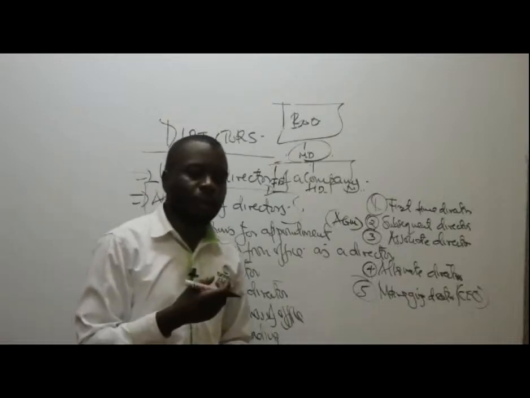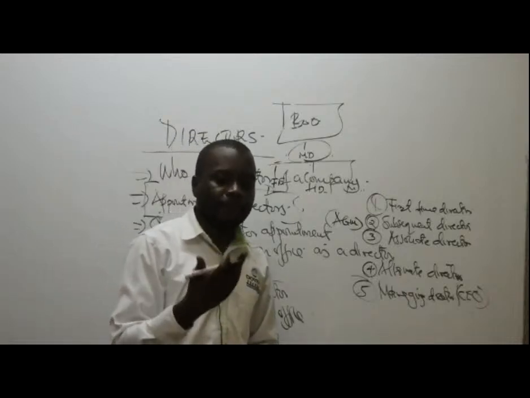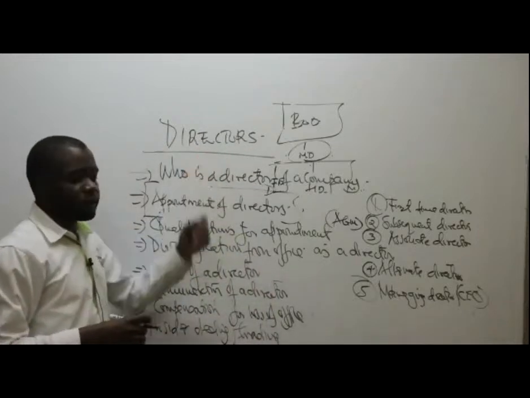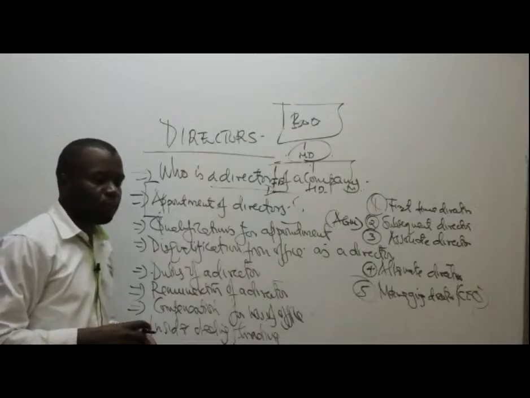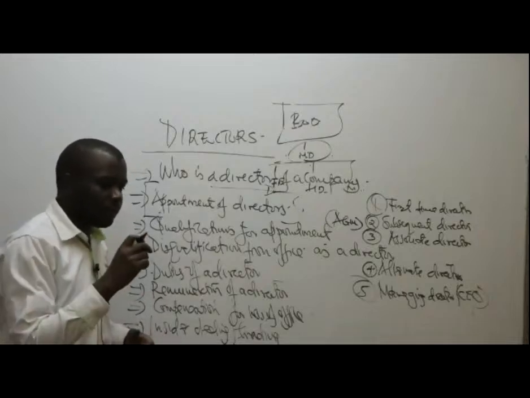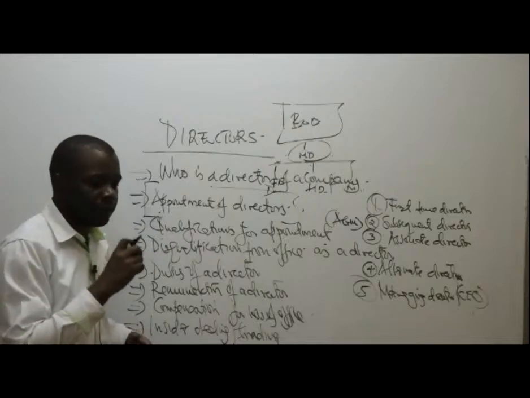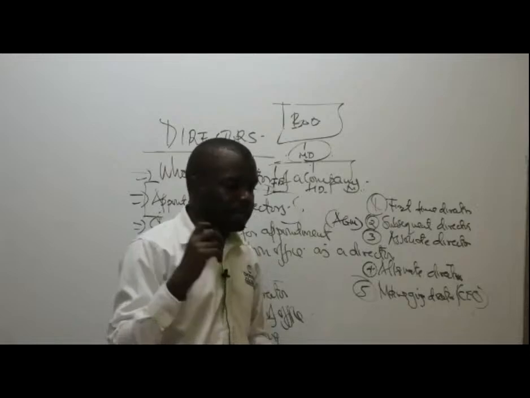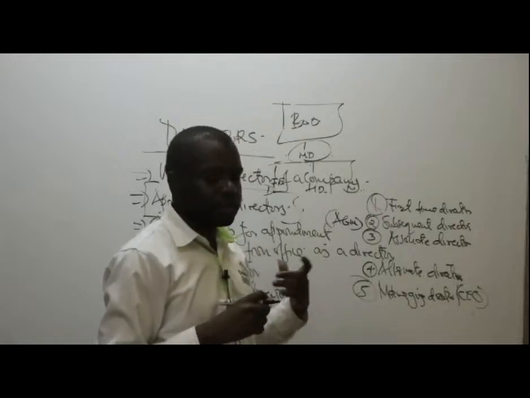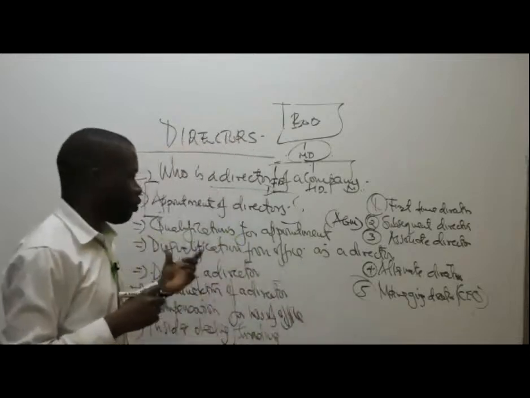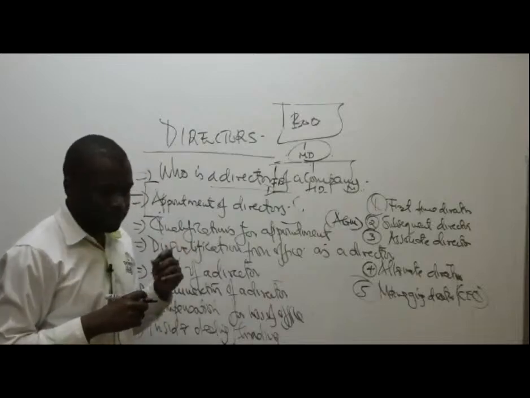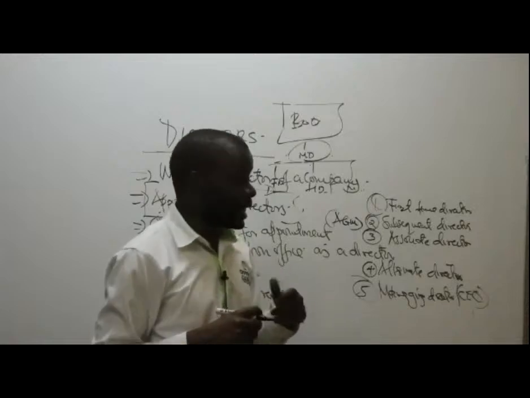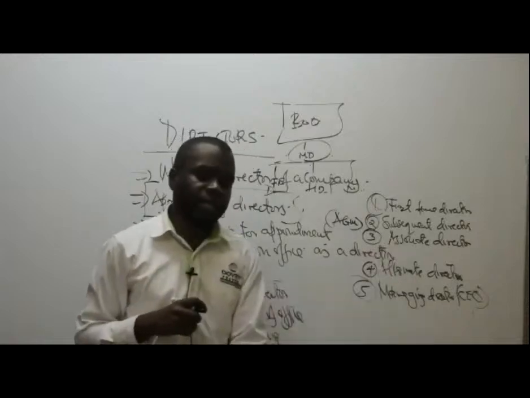So they'll appoint persons to manage the company on their behalf, to oversee the functions or operations of the company. That's why, in the annual general meeting, we said there'll be appointment, reappointment, or removal of directors.